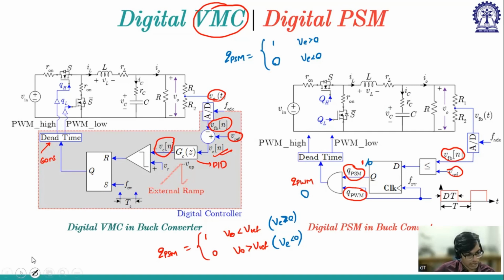When V error is greater than 0, the error voltage is positive, so the 9th bit is 0. Here the error voltage is negative, which means the 9th bit is 1.